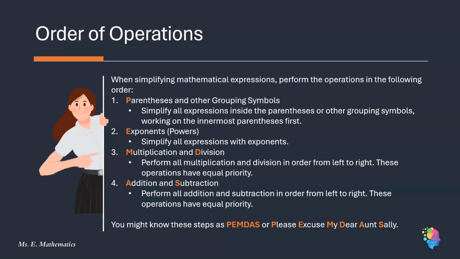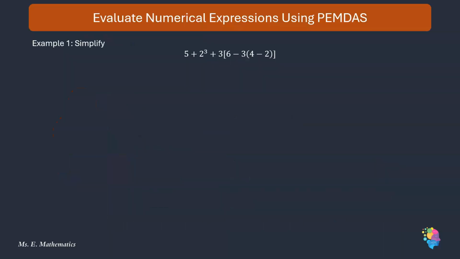So let's do an example and see if we can actually follow this order to evaluate a numerical expression. This is a numerical expression because we only have numbers. Let me get a pen. They're asking us to simplify this expression. So we have parentheses, exponents, multiplication or division from left to right, and then addition and subtraction from left to right.